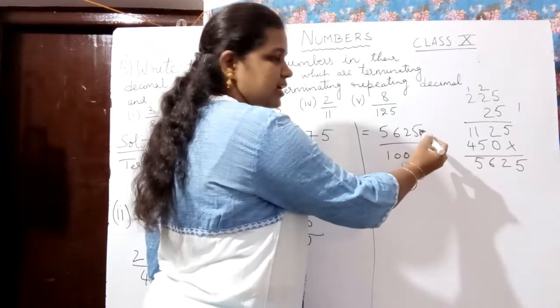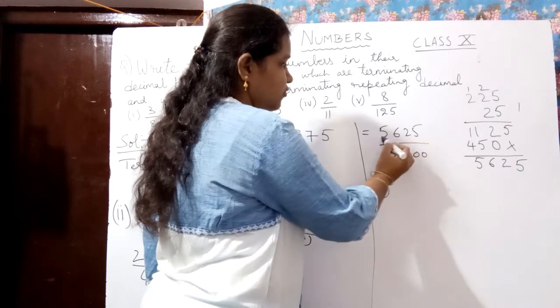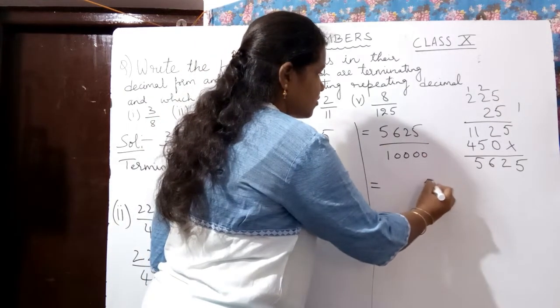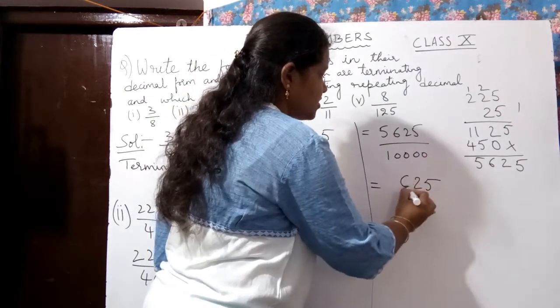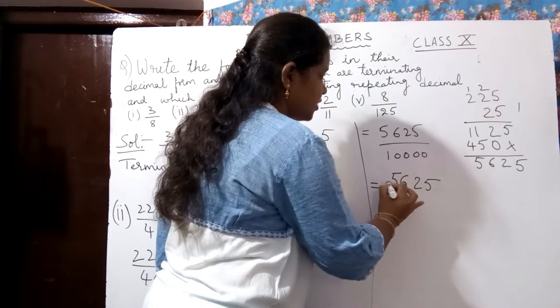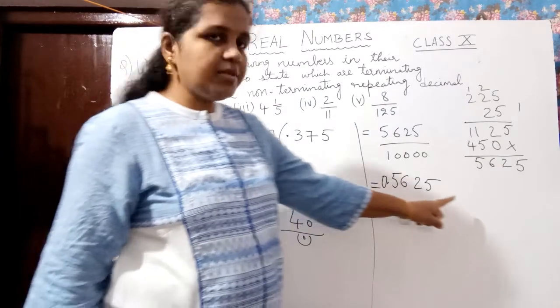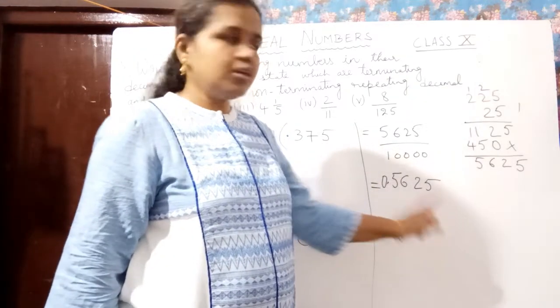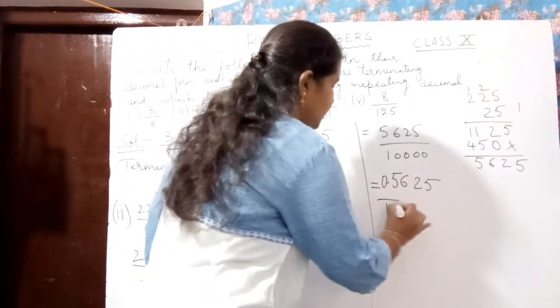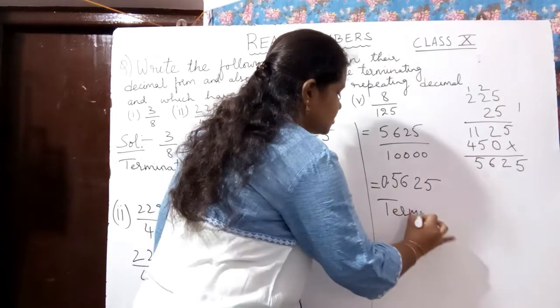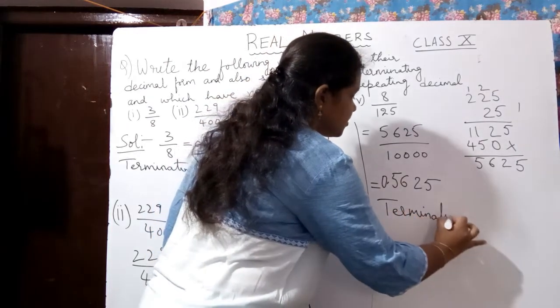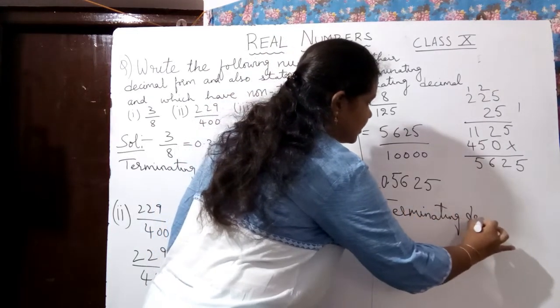So move 4 decimals. 1, 2, 3, 4. So I am moving it 5, 2, 6, 5. Then put a point here. If you observe, this is also terminating, which means it is stopping here. So this is also a terminating decimal.